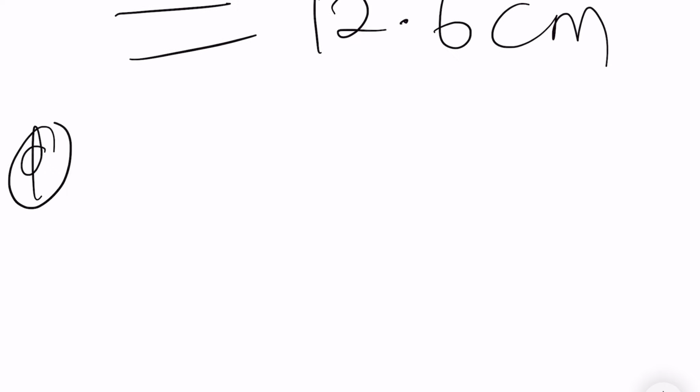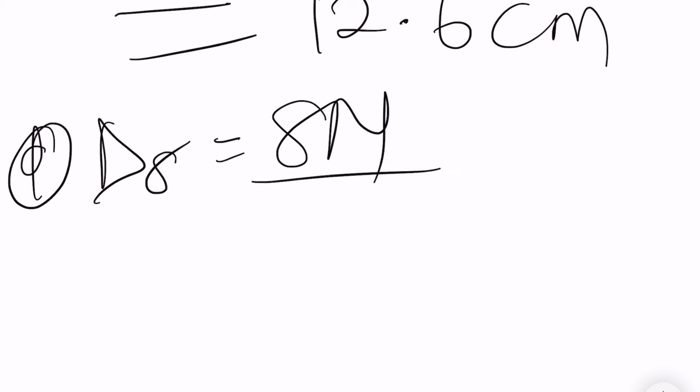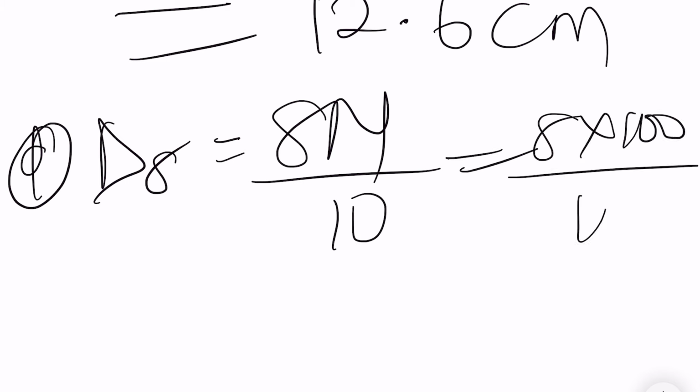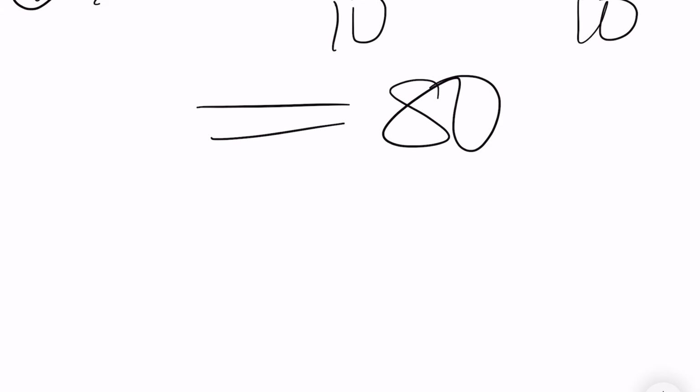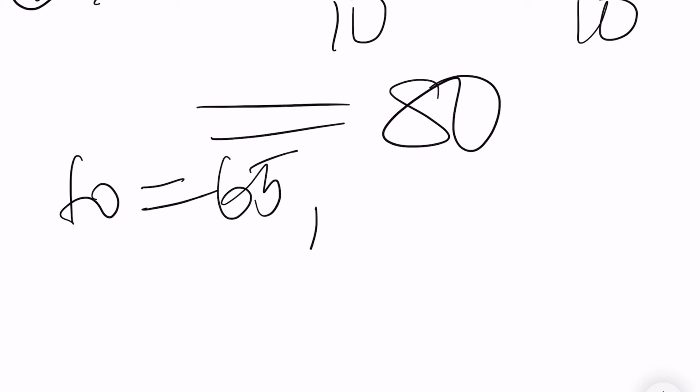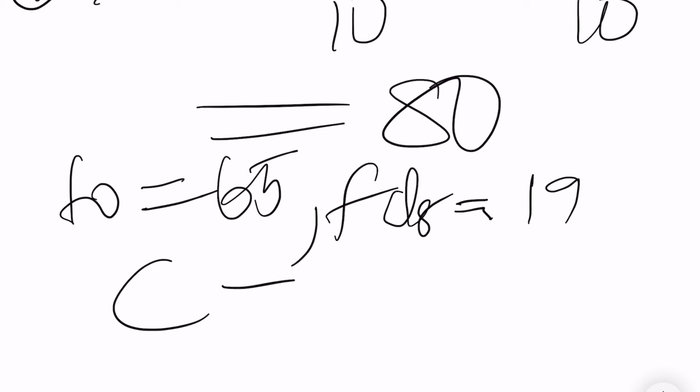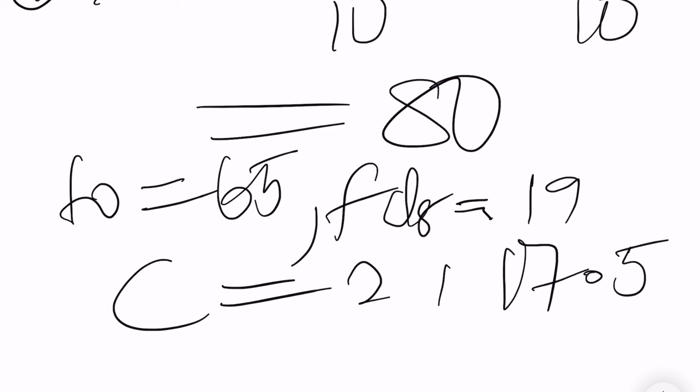And now for D8, we have 8N over 10, which is 8 times 100 over 10, so 80 for our 8th decile class. For the 8th decile class, we have our F0 to be 65, our FD8 to be 19, our class width to be 2, and our class lower limit to be 17.5.